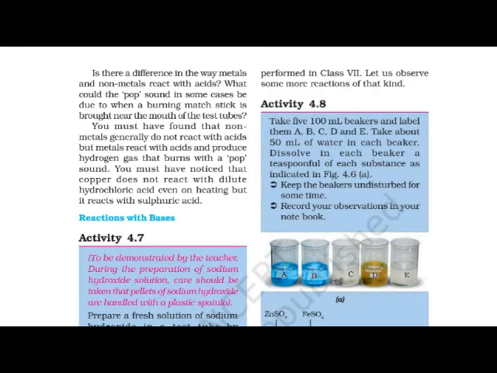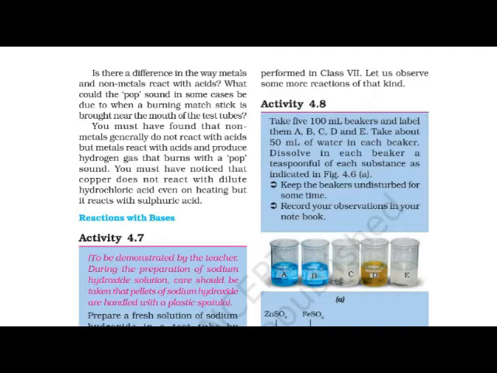We have to take 5 beakers and nearly 50 ml of water in each beaker, and we have to add the other substances in the beakers. In which quantity and what matter? Let me see.